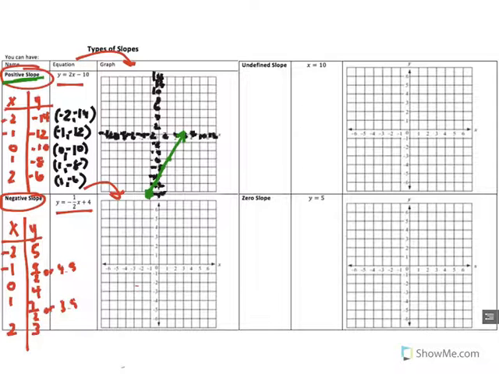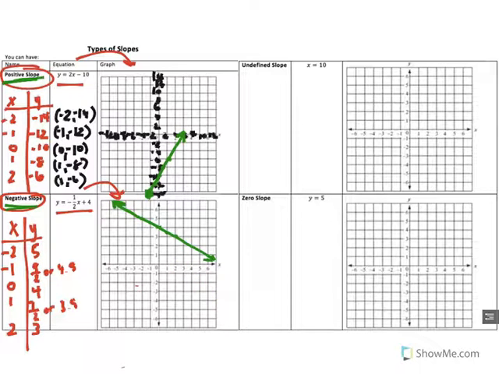I'm going to put them onto the graph. And you should get a line that slopes downward like this. So if you ever see a line that slopes down, we call it a negative slope.